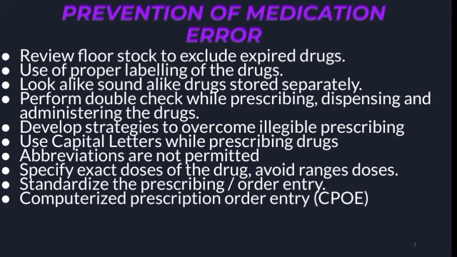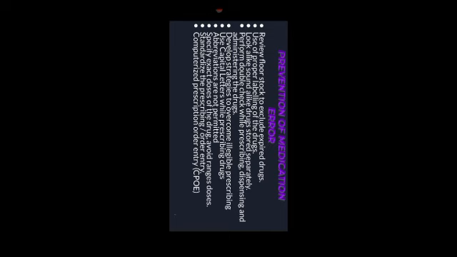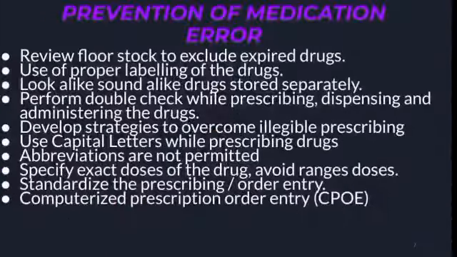Mostly nurses have a high workload and do whatever is mentioned in the prescription. So before the nurses administer medicine, the clinical pharmacist should check everything and put a sign. Only after the signing, the nurses have to administer the drug.